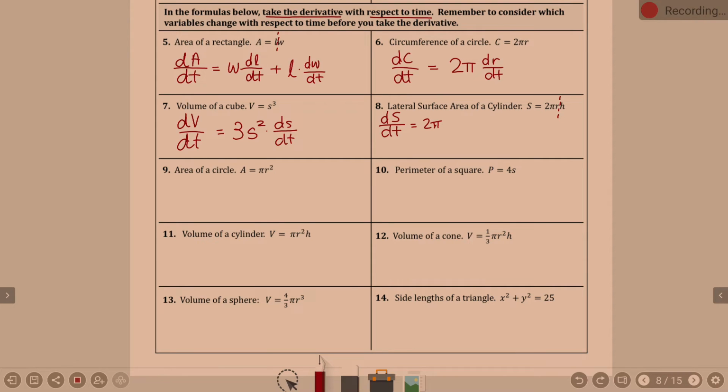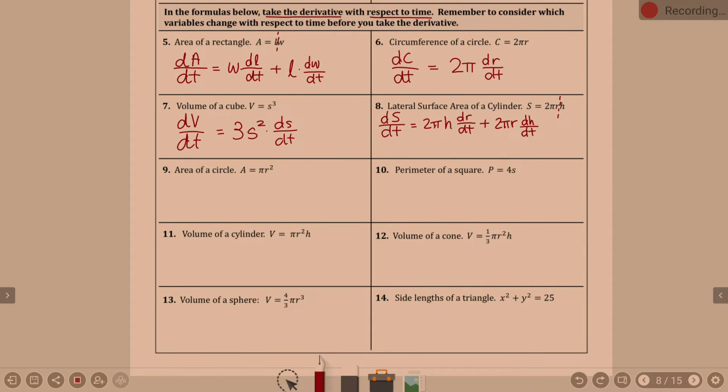So I'm going to say 2 pi h dr/dt. It's all the same pieces, I just changed the order. And then plus 2 pi r. 2 pi r stays. The derivative of h is going to be 1 times dh/dt.